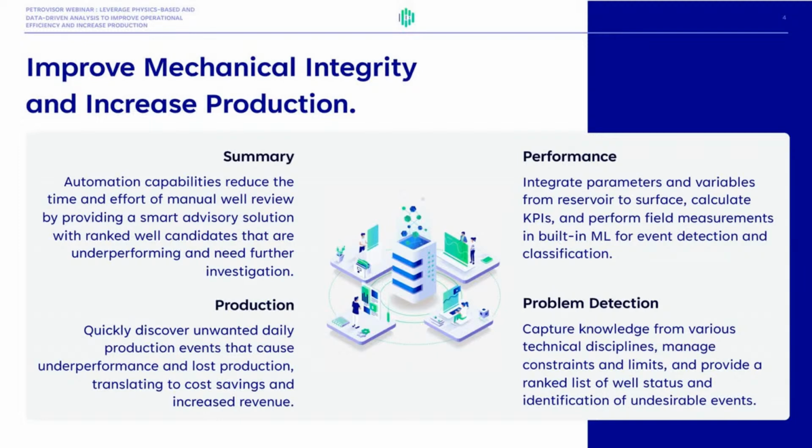You can create proactive measures to mitigate production loss, integrated engineering with KPIs, built-in machine learning for event detection, and company-wide data clarity and accountability to reach measurable goals. Over the next 20 minutes, Brian will touch on all of these.